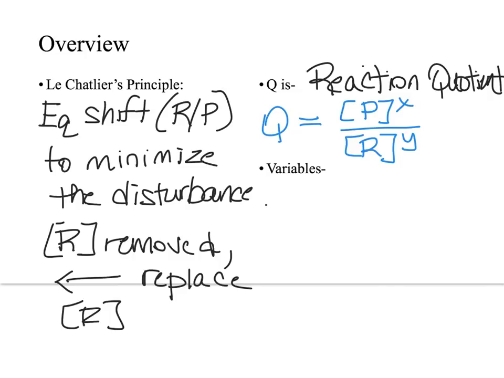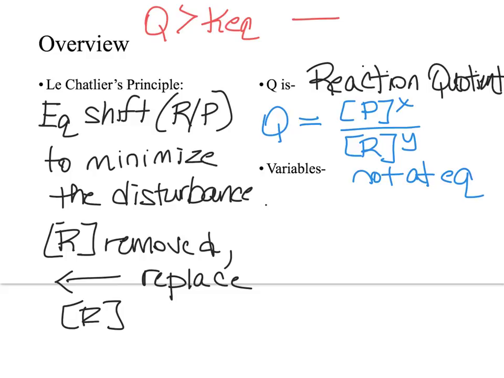But Q is not necessarily at equilibrium, or at least it tells us what the state of the reaction is. So if we solve this and Q is larger than KEQ, then the reaction will shift to the left. If Q is less than KEQ, the reaction will shift in the other direction.